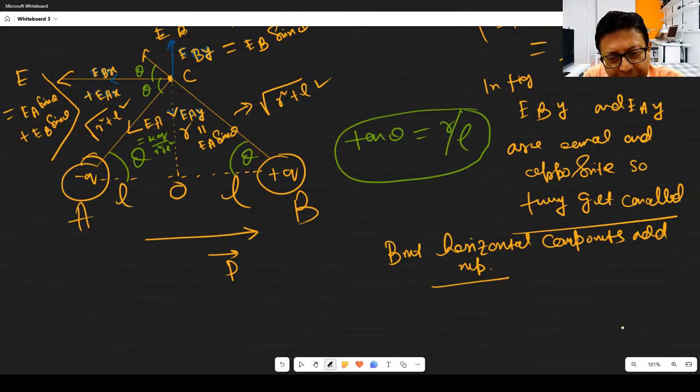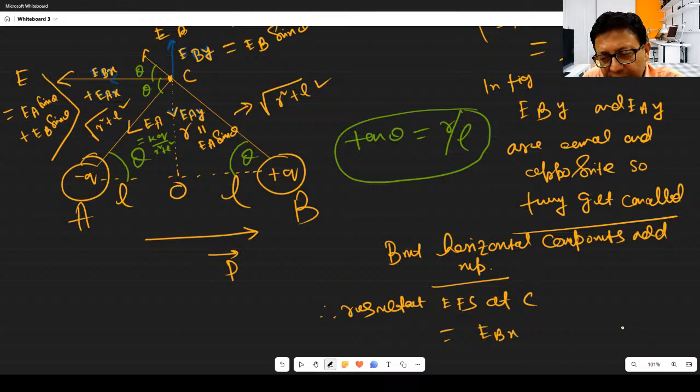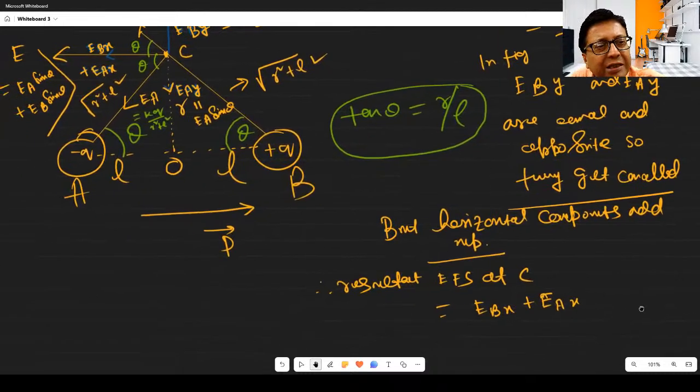So the net field, resultant electric field strength at C will be EBX plus EAX.